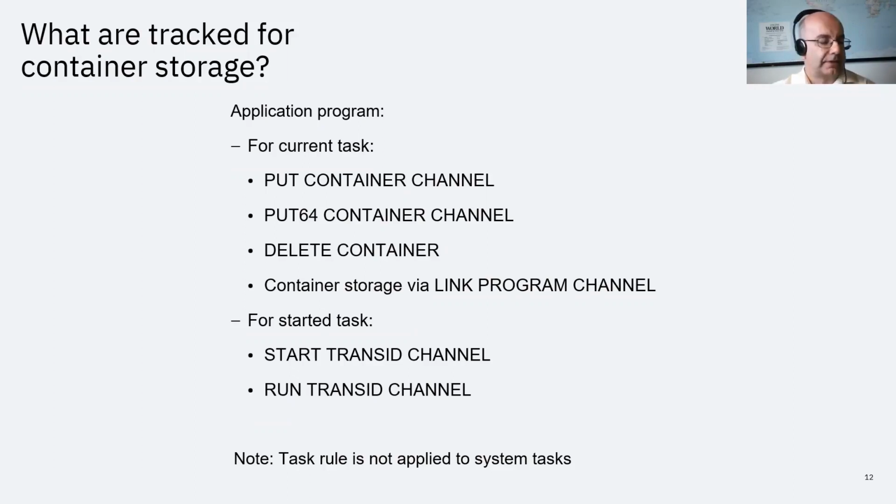And if it exceeds the limit, that will trigger the policy. And for a started task, of course, you can do start transid with a channel with a set of containers, or with the new async API, you can do run transid with a channel. So we'll monitor the started task and trigger the policy if we hit the limit. And the note at the bottom says that the task rules do not apply to system tasks. This is just for customer user tasks.